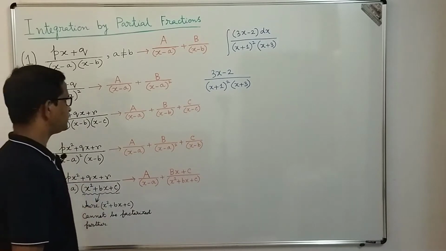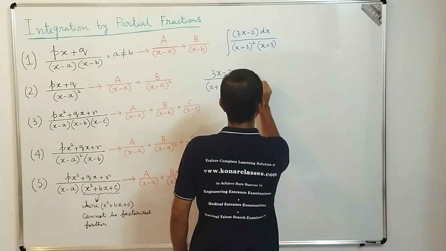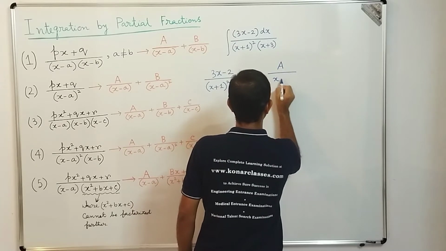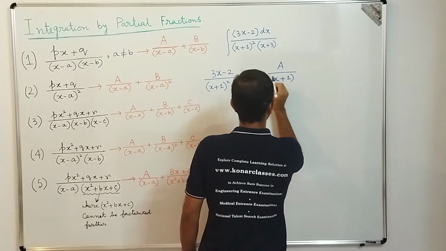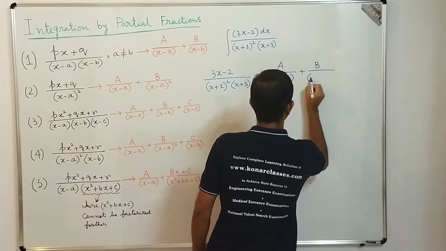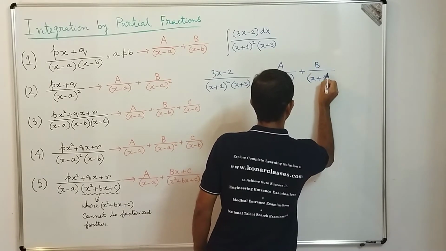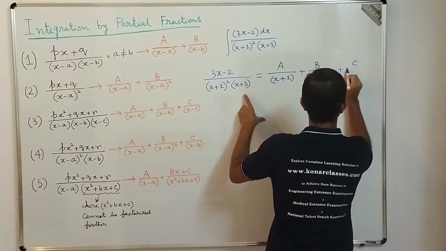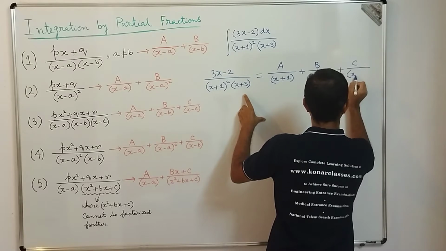So how should we express this? We should write capital A divided by x plus 1, plus capital B by x plus 1 whole square, plus capital C divided by x plus 3.